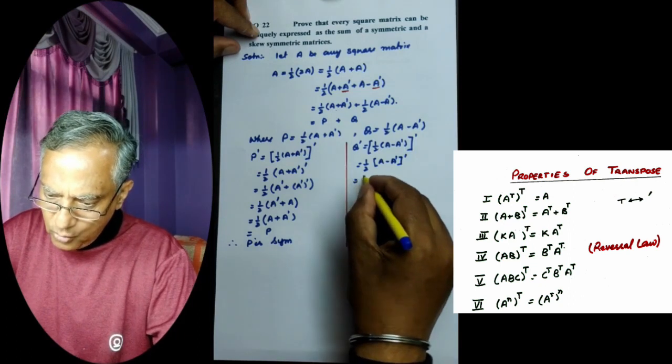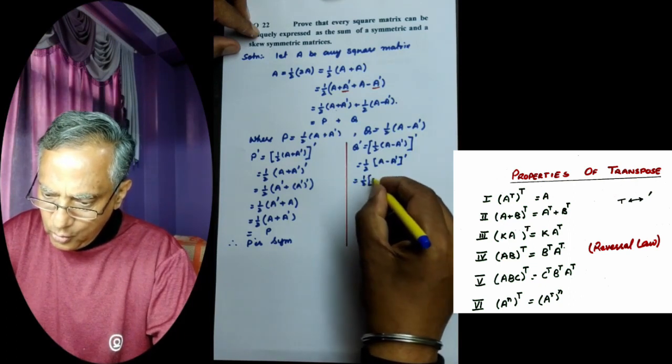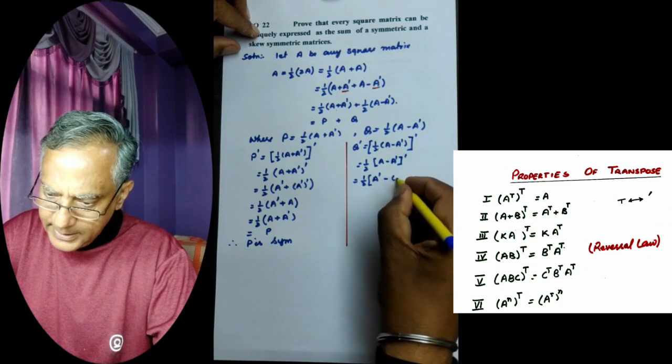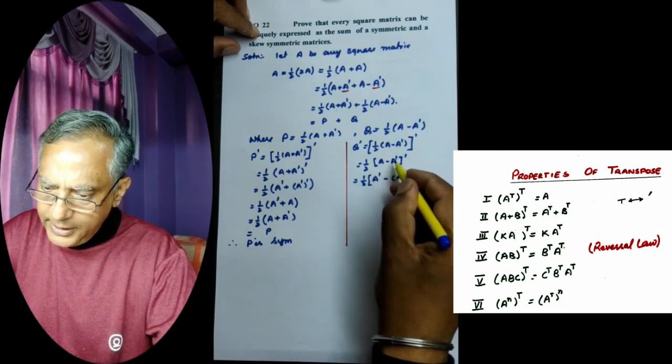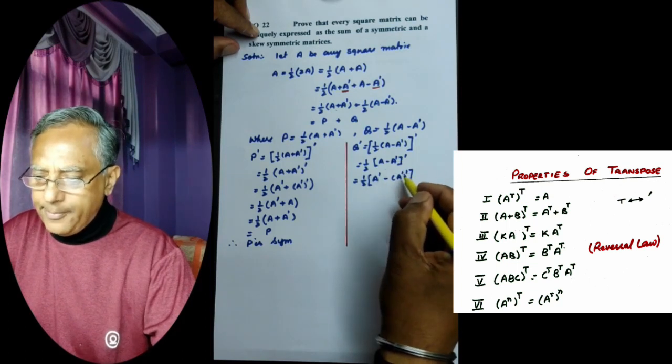So this is equal to 1/2 into (A' - A'') taking the transpose of these two matrices separately.